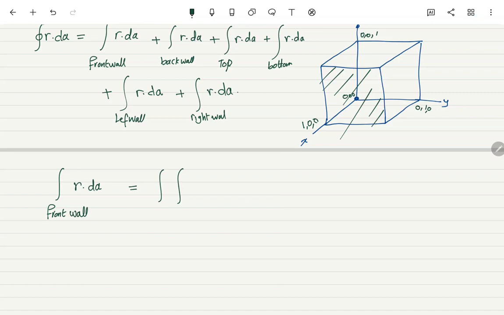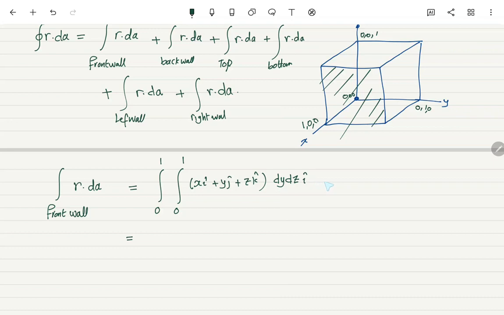So it will be from 0 to 1, from 0 to 1, r is actually equal to x i hat, y j hat, z k hat, and the area element is equal to dy dz. And don't forget the dot between r and the area. The area vector is perpendicular to this one, which is along the x-axis, so this will be i hat.